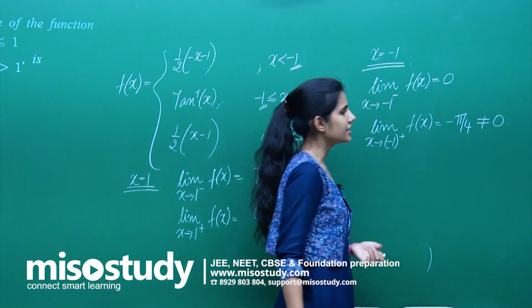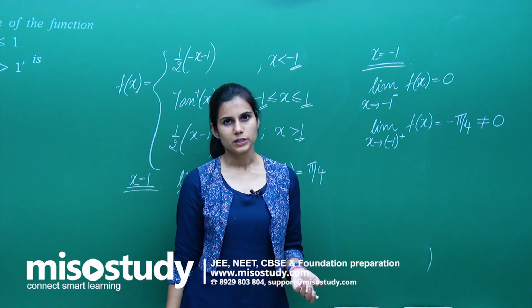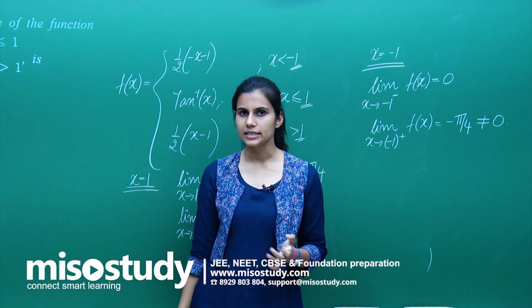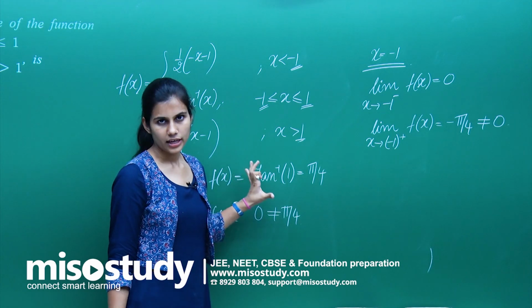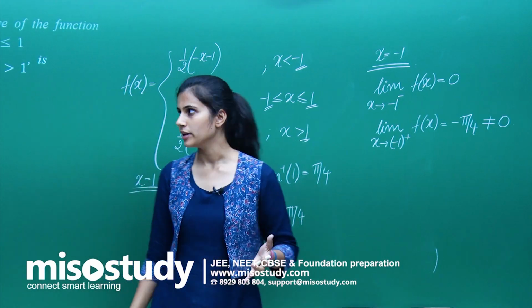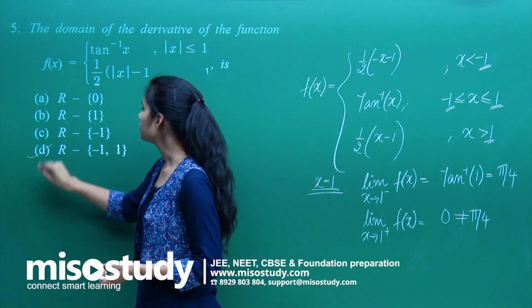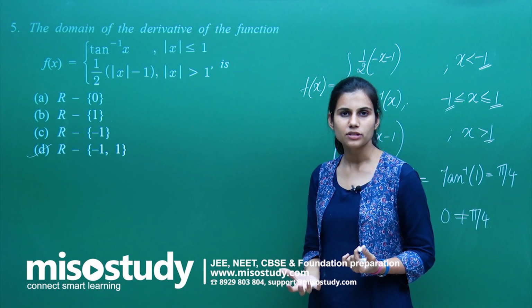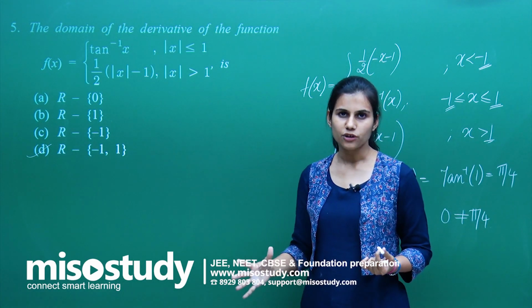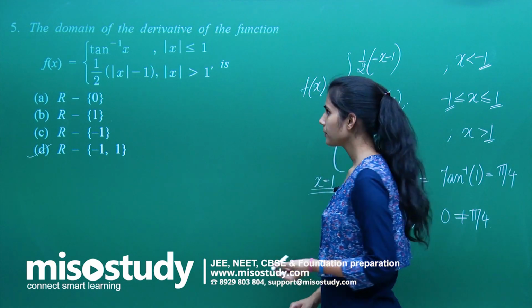Again discontinuous at x equals minus 1 and hence not differentiable at x equals minus 1. So my function basically is continuous and differentiable at all the points on the real line except 1 and minus 1. So the domain of the derivative of the function will be R minus {1, minus 1}. Clear? So basically I am indirectly concluding the result because I am using the continuity scenario to get to the non-differentiability of the function at the 2 points.